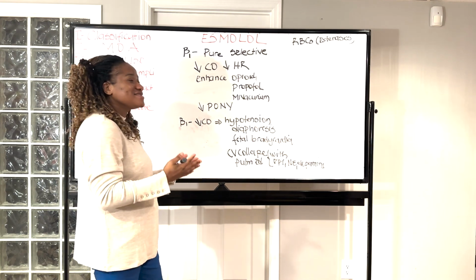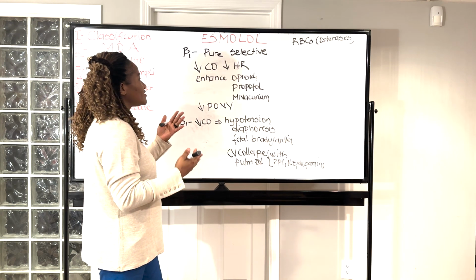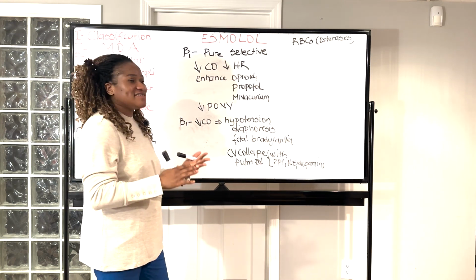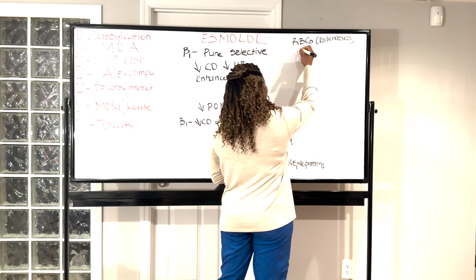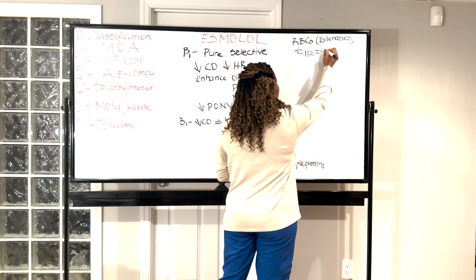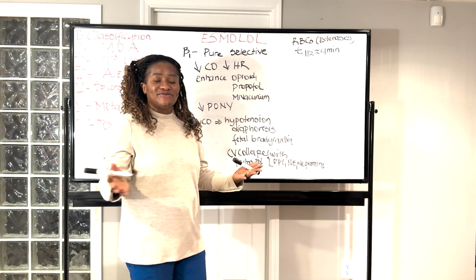Also, Esmolol is a great drug because in anesthesia, it's fast in, fast out. So its half-life is about 9 minutes, and its onset is 3 to 5 minutes.